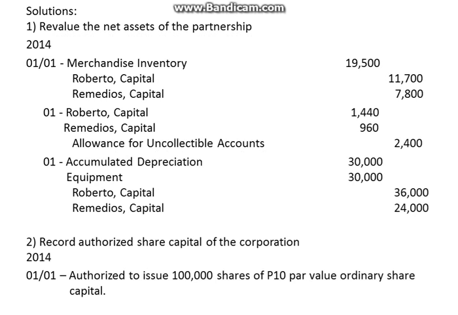Next adjustment is the allowance for uncollectible accounts, to be increased to 5,400. And the entry to record such transaction is to debit both Roberto and Remedios Capital for 1,440 and 960 respectively, and credit allowance for uncollectible accounts for 2,400.